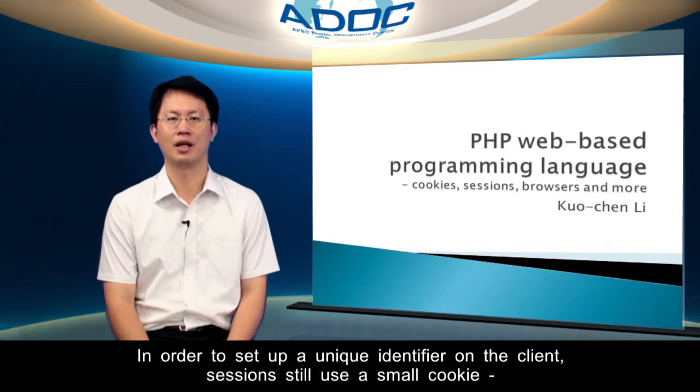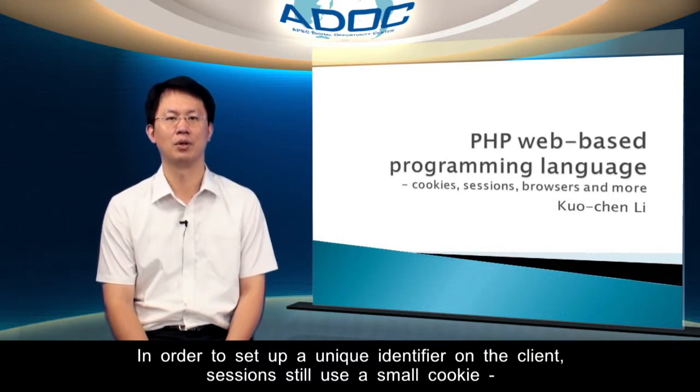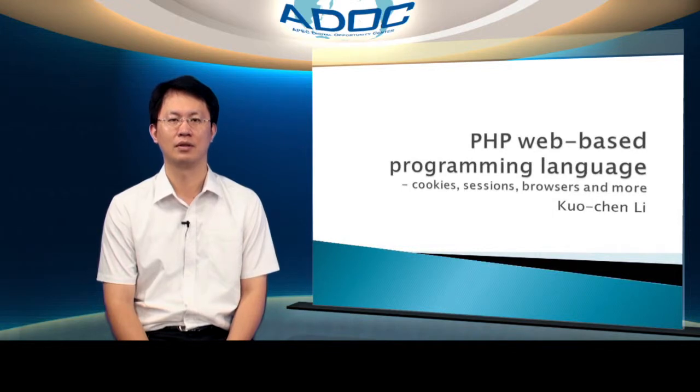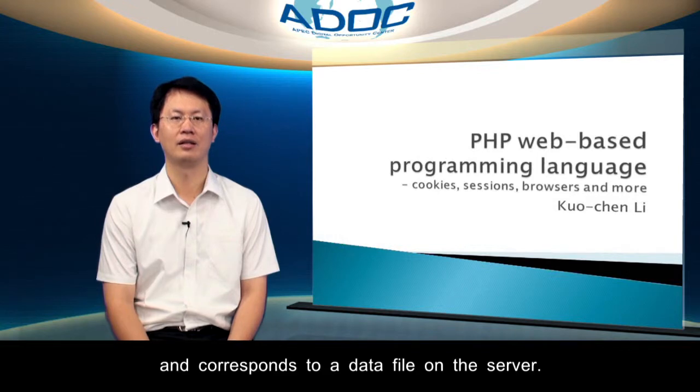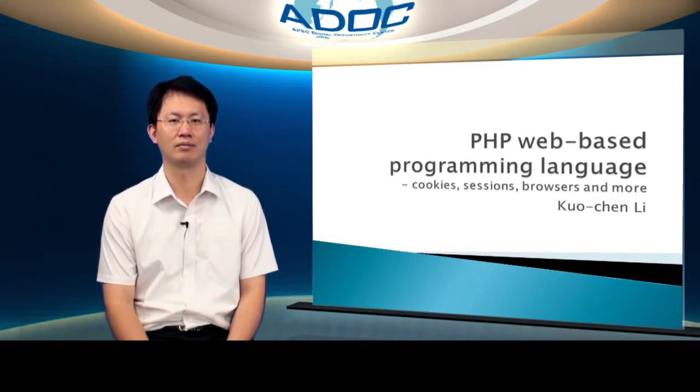In order to set up a unique identifier on the client, sessions still use a small cookie. This cookie simply holds a value that uniquely identifies the client to the server and corresponds to a data file on the server.